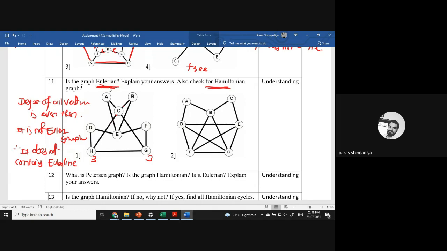So let's verify whether it is Hamiltonian or not. You cannot repeat any vertex again, except starting and ending. Except starting and ending, you cannot repeat any vertex. Okay.